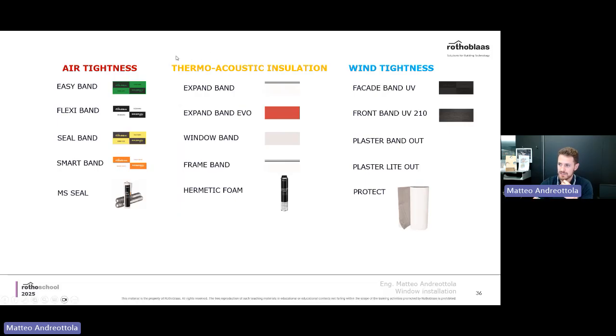We have also insulation for the thermoacoustic insulation, the one in the central part, and products that you can use for wind tightness and for waterproofing as well.